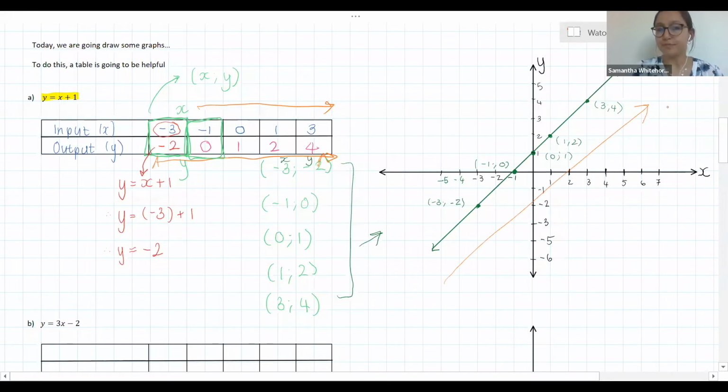And so my relationship between my X and my Y is an increasing one, and so my graph is an increasing graph. And this is how we can take relationships in the form of equations or number patterns or whatever the case is, and we can transfer it to a graph. Alrighty. So if you need to take your screenshot, and then we're going to give another one a try.